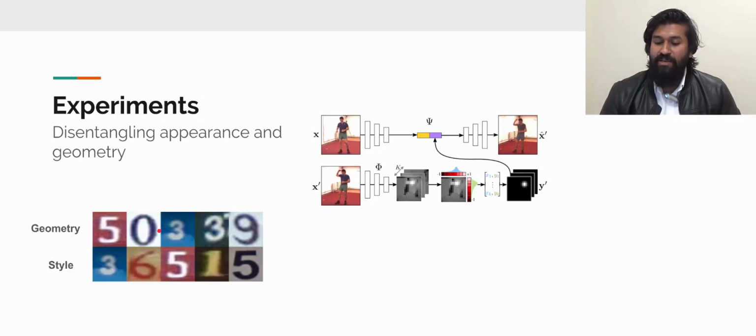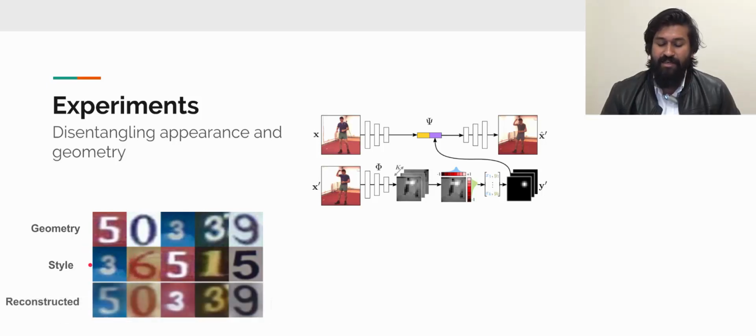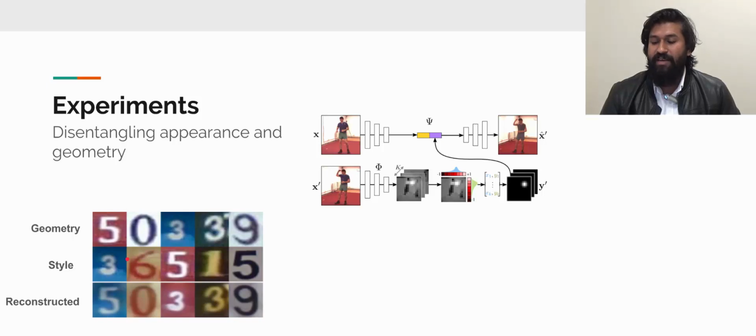During the training time, the network didn't see 5 and 3 together as a pair, but still the network was able to reconstruct the geometry of 5 with the background of 3. So through this experiment, they have proved that their network was able to factorize appearance and geometry. That means the network is learning geometry from this part and copying appearance or style from the source image.